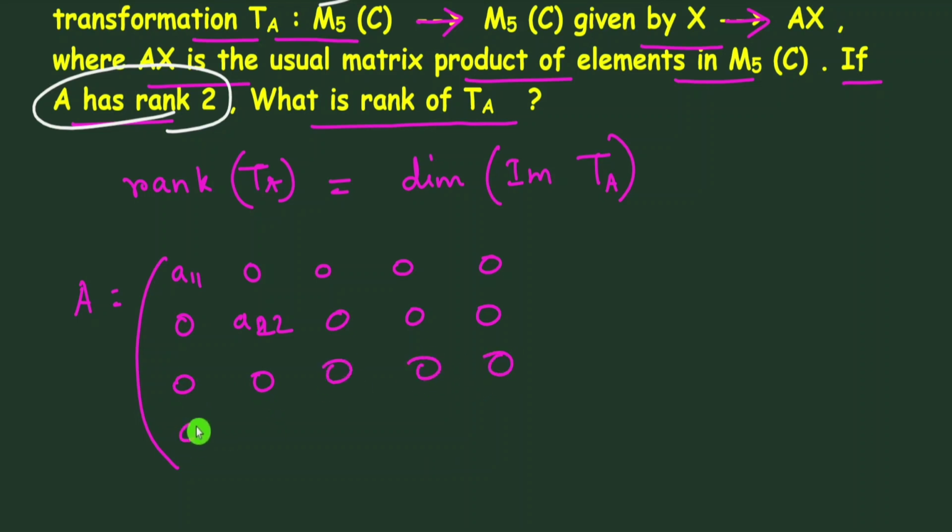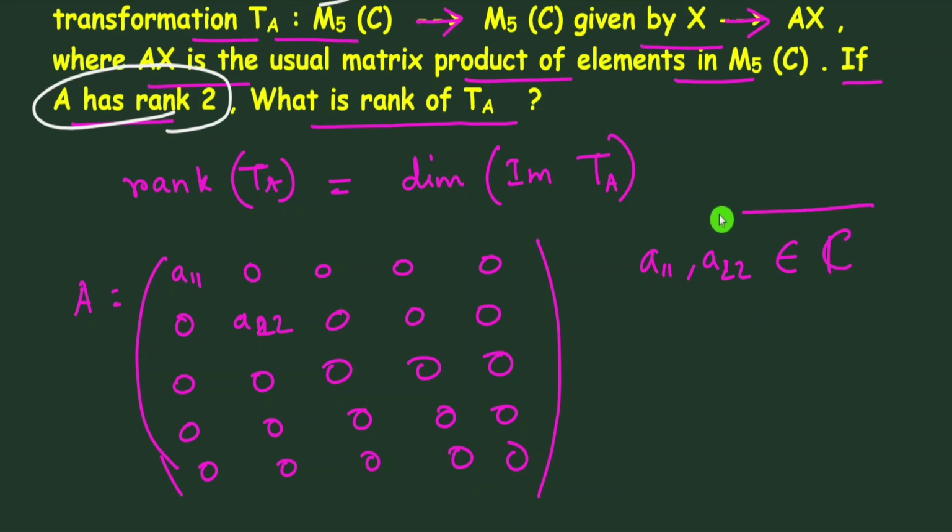So this is clearly a rank 2 matrix, and the elements are complex entries. So A11 and A22 belong to the complex numbers, of the form alpha plus iota beta.